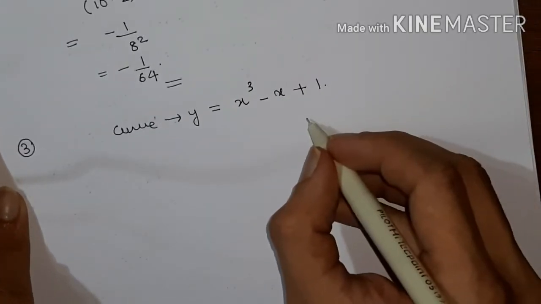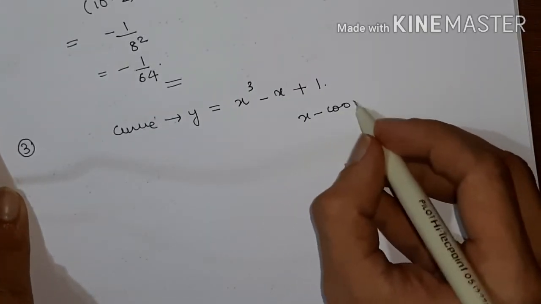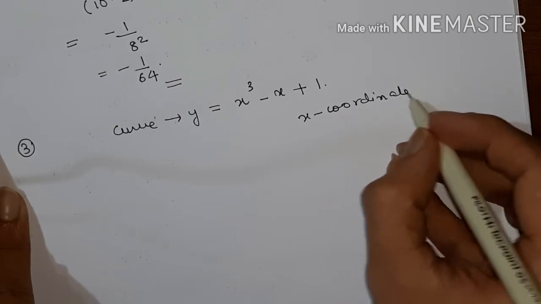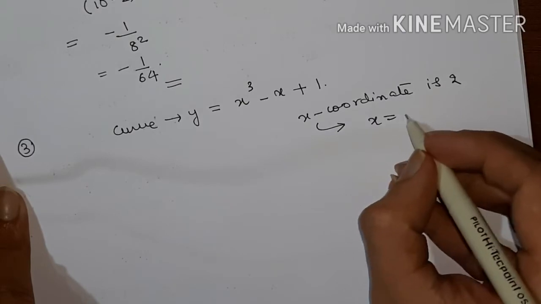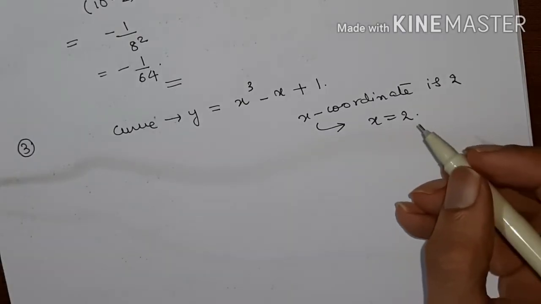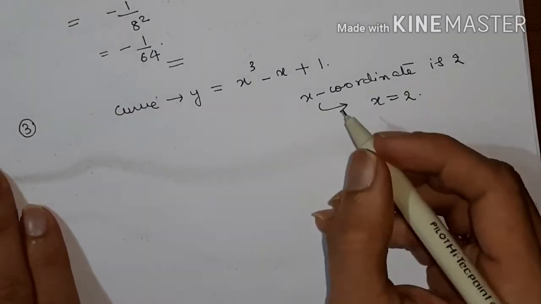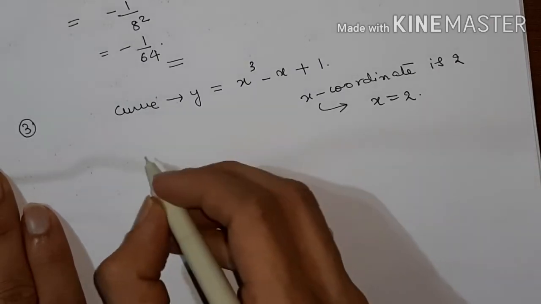Now x coordinate is 2 means x is equal to 2.